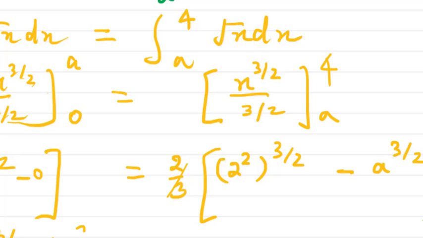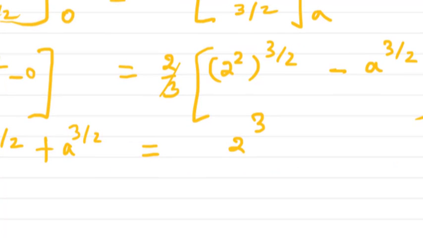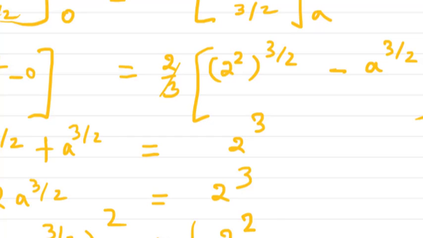Here this can be written as 2 cubed, so I'll get twice a to the power 3/2 equals 2 cubed, which simplifies to a to the power 3/2 equals 2 squared. Now we can square both sides, so we'll get a cubed equals 2 to the power 4.